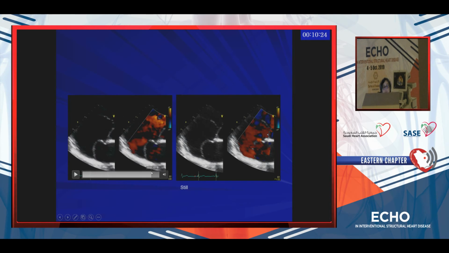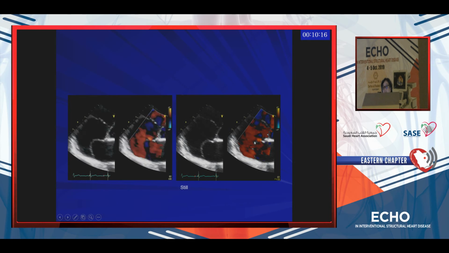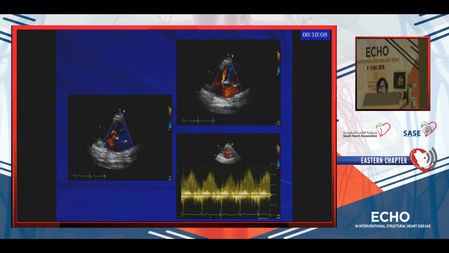You do some more views, and definitely there is a flow across this area. And when you do the still picture, again, is this an atrial septal defect, or is it a thin part of the aneurysm? You need to do a TEE.